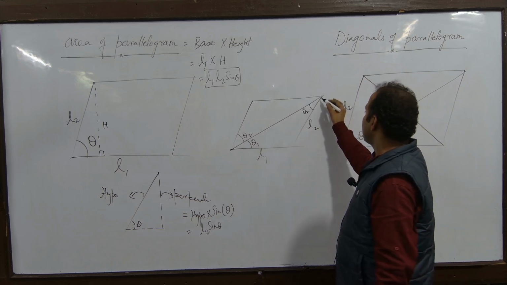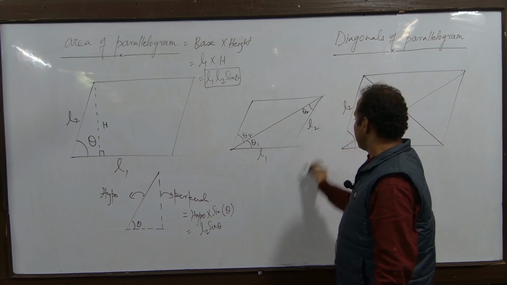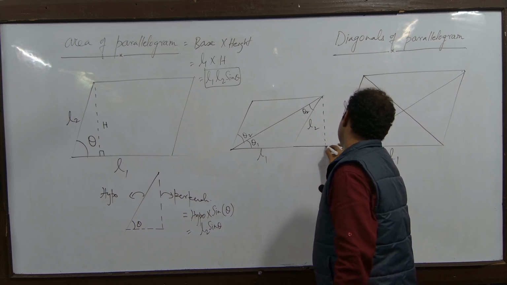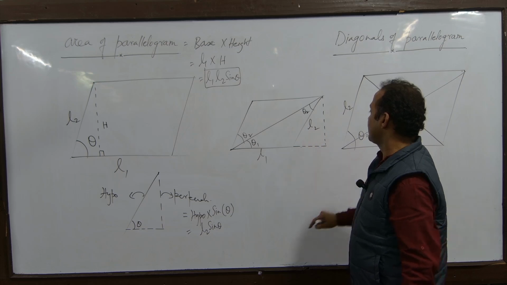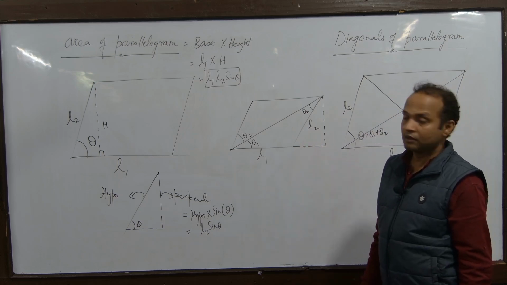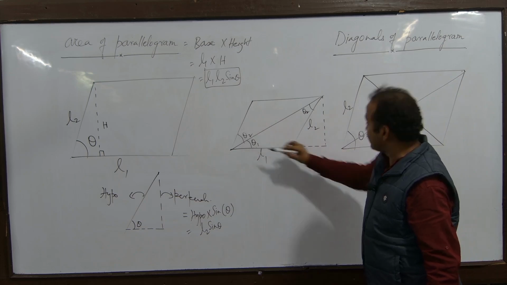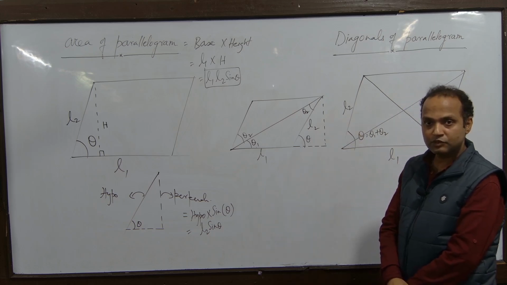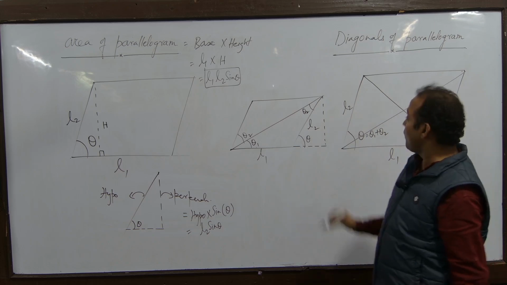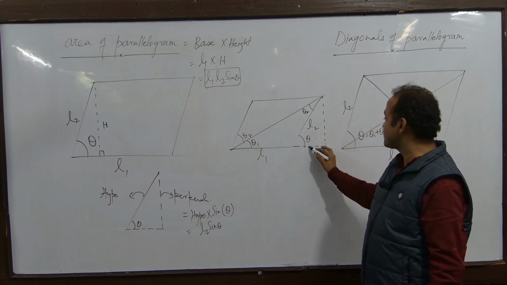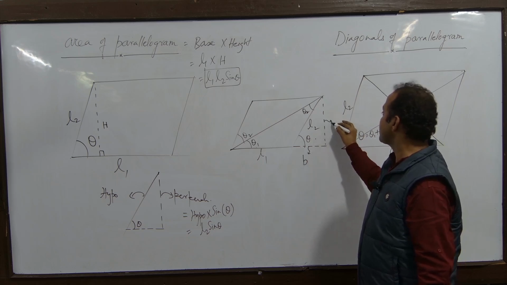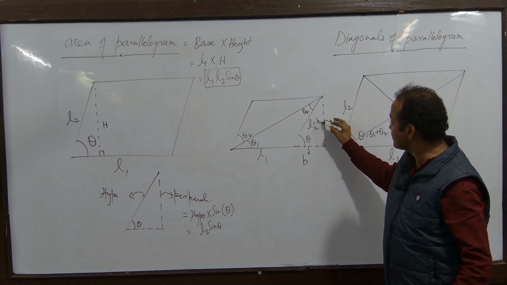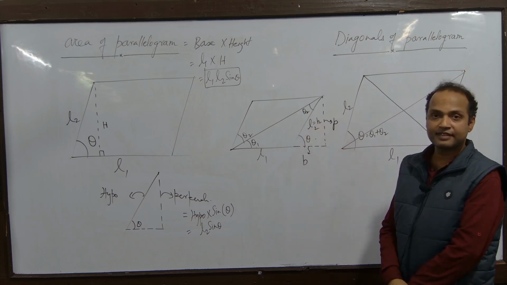What I will do is draw a perpendicular here. If overall this angle is theta, so this will be theta. For this triangle, this is base and this is perpendicular, and this is hypotenuse.